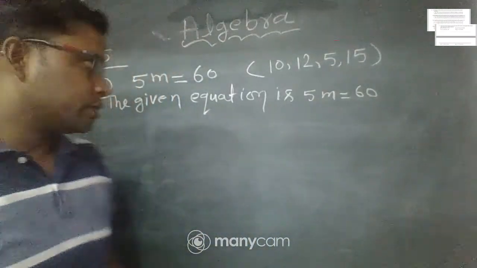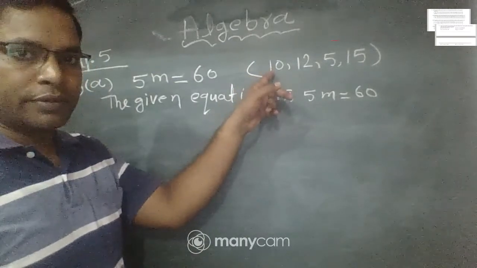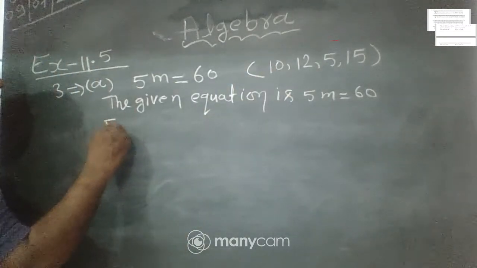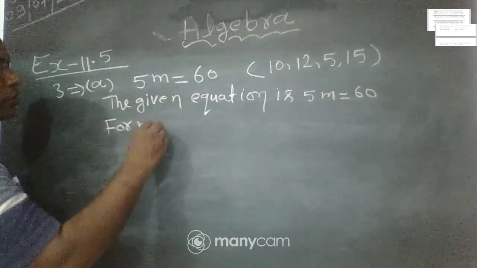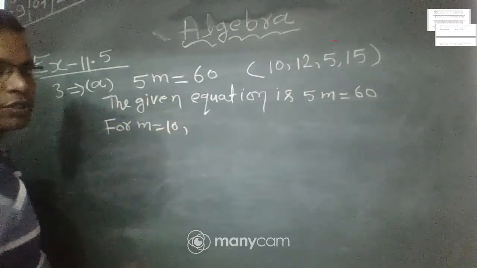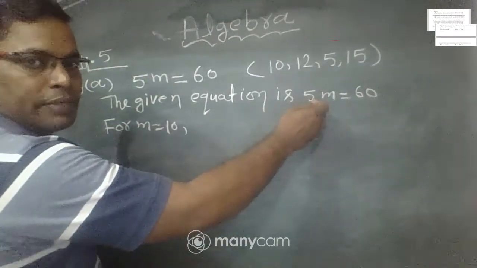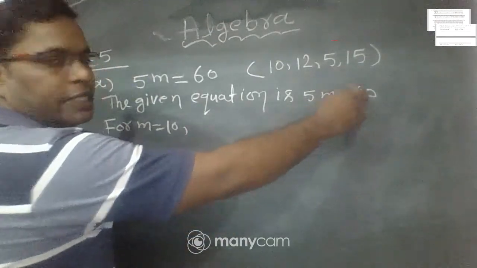Okay, so for m is equal to 10. What is the left hand side? Left hand side is 5m, and this is the right hand side.